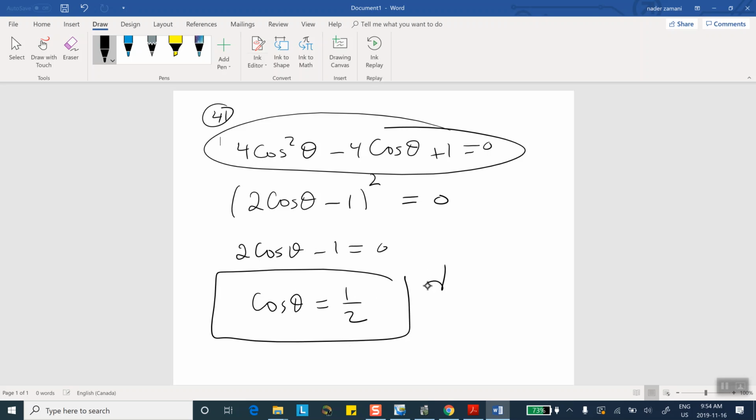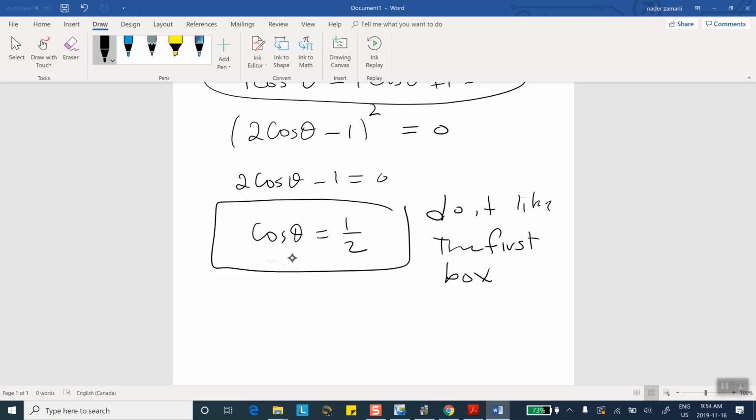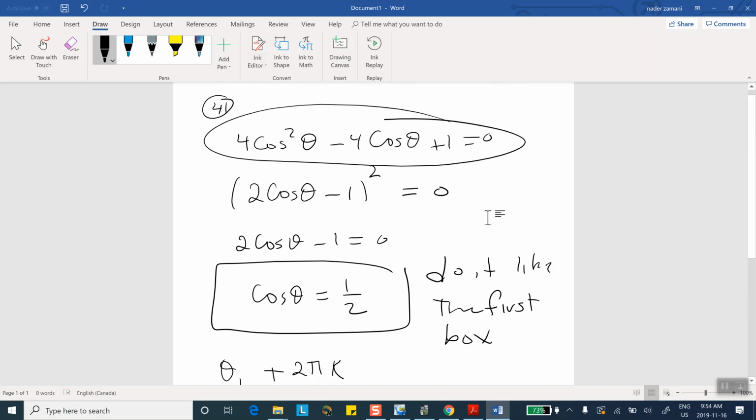Just do it like the first box. I want to remind you, when you do this problem, you'll get two values of theta, theta 1 and theta 2, and then you add 2 pi k to it, and you're good. Let's do number 42.